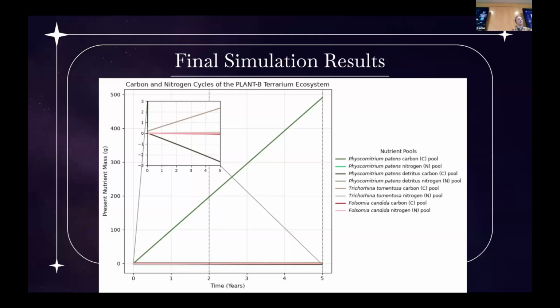So these are my final simulation results. The first thing I did was plot the population growth rate for the two invertebrates. And then I used that information and supplemented literature values to obtain this final simulation.